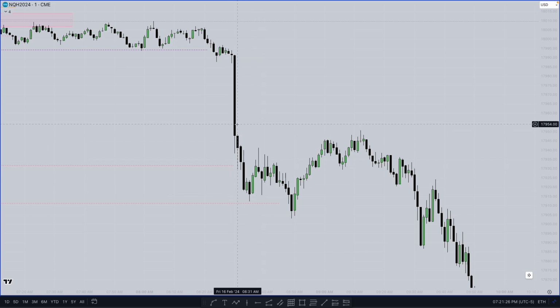What happened before you actually broke it? Here was the break of the first structure. So what happened before that? So you have this candle up, down, through.